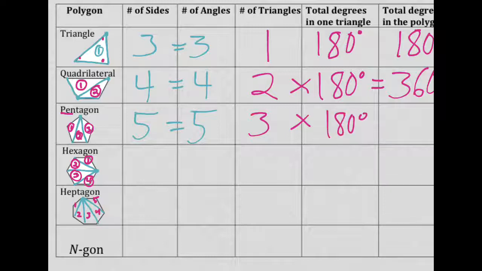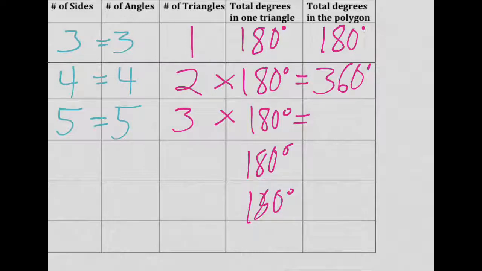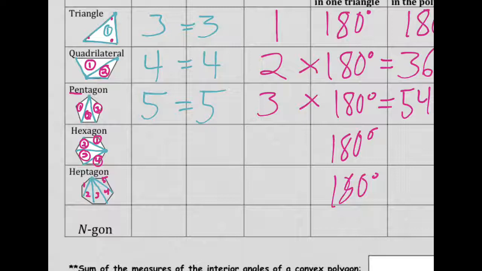It's always going to be 180. 180, 180, 180, right? Okay. 3 times 180. Alright, all you math geniuses out there, 3 times 180, quick. 540 degrees. Aha!